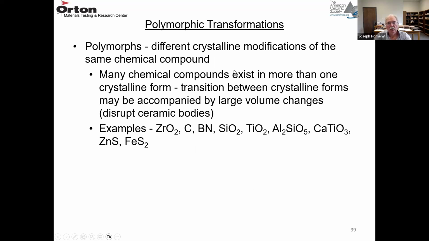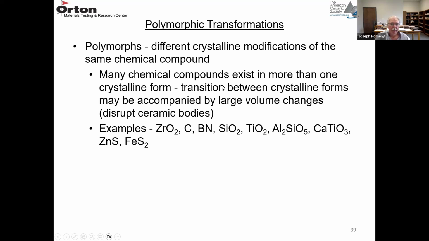Different crystal materials can have modifications of the same chemical compound: different crystal structures of the same chemical compound. So these are polymorphs. A lot of chemical compounds exist in more than one crystal structure.